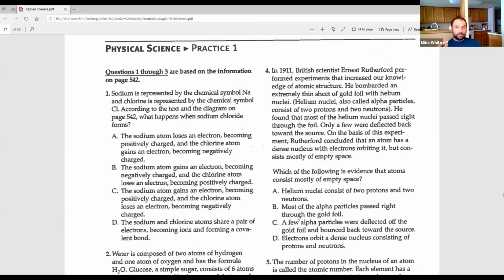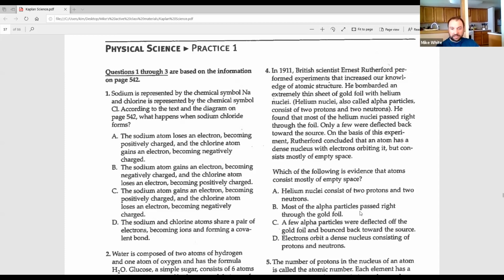That is how atoms are structured, but it doesn't really answer the question as to why atoms consist mostly of empty space. Or not why, but what is evidence of that, right? Because this guy performed this test, and B or C, one of them is right. So you're right on that.